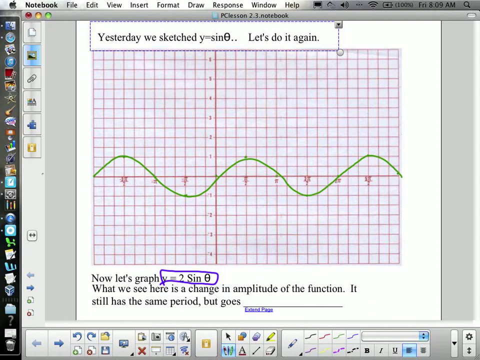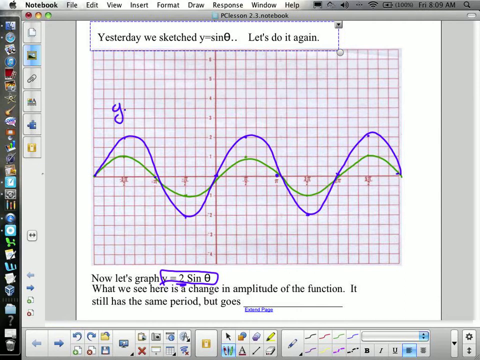So instead of going from 0 to 1, it's going to go from 0 to 2. And then back to 0, then down to negative 2. Then back to 0, then to 2, then to 0. So negative 2, 0, 2, 0. Okay?